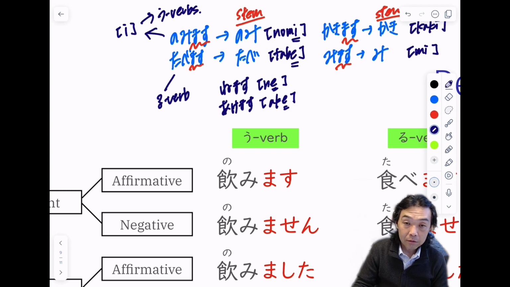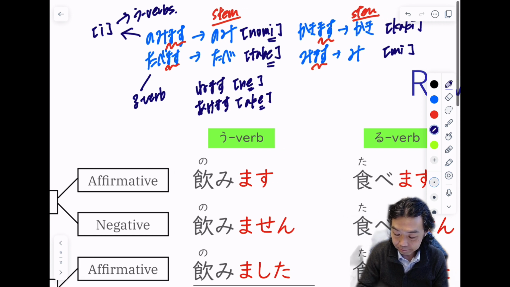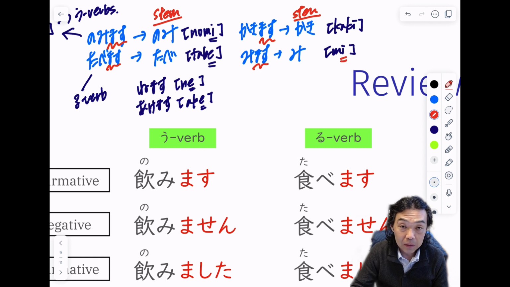So often with ru verbs the stem ends with e, but not always. Some ru verbs have a stem ending with i, for example 見ます. The stem ends with i, but 見ます is still a ru verb.